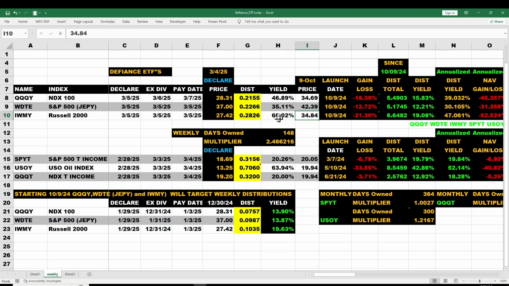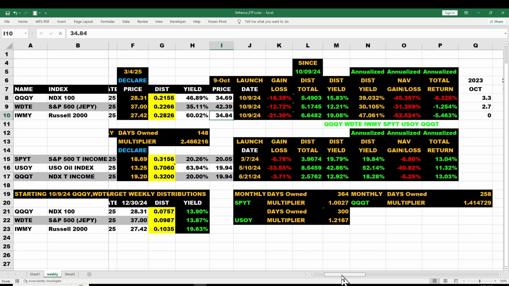They're paying very well on the Russell, and that's helping them because if you look over here at your annualized yield, and I say annualized because they only have 148 days since 10/9 of paying these series, you have a 39 yield annualized, a 30 yield, and up at a 47. But look at your NAV losses. This one that's paying more has got a NAV loss of 52.